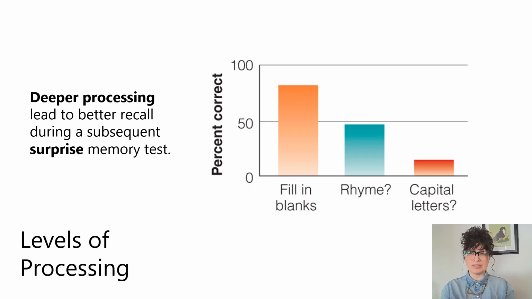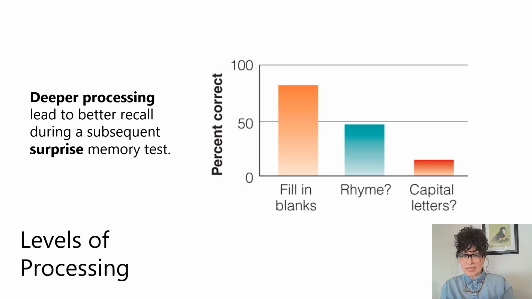Deeper processing is defined by its effect, which means we can't know what deep processing is in advance because we have no real operational definition of deep processing. It's all predicated on the outcome of the experiment. So we actually wouldn't know in advance which of these would produce deep processing or shallow processing. We would have to wait for the experiment.